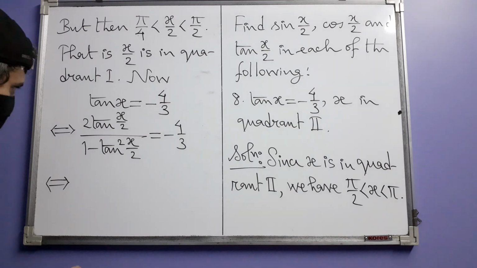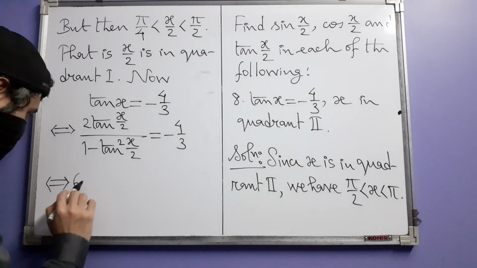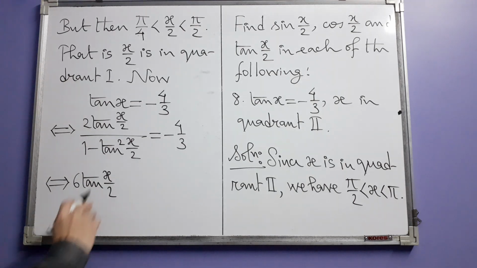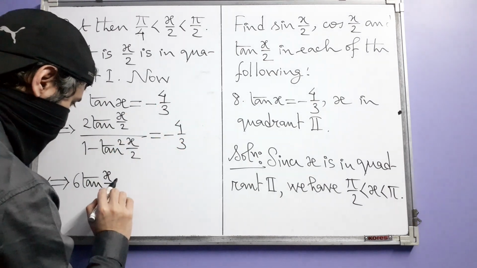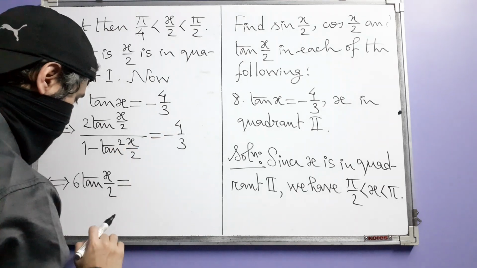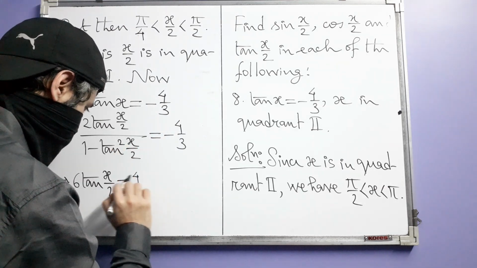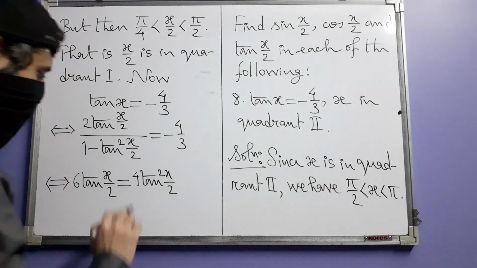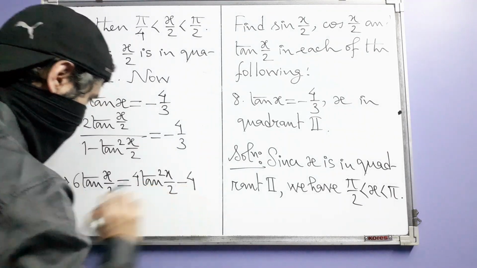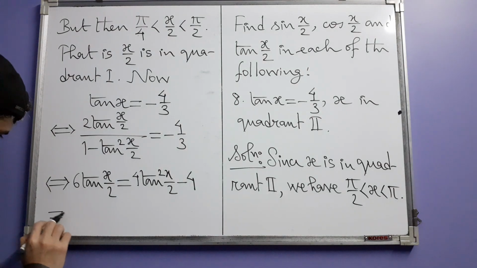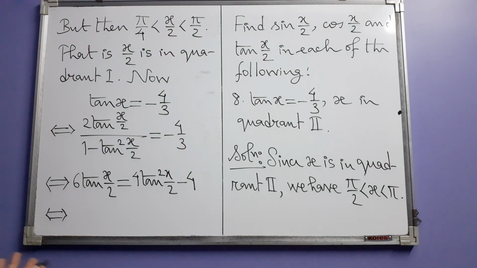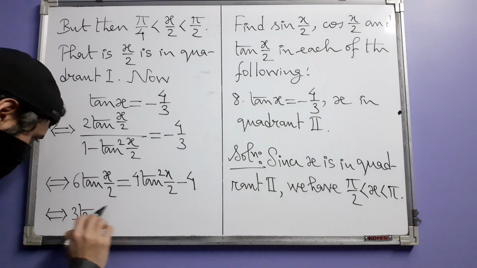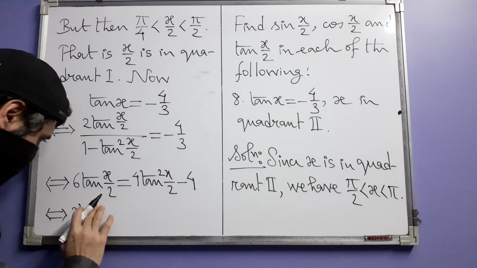So this side becomes 6 tan x over 2, and that side becomes, after multiplying this by minus 4, you get 4 tan square x over 2 minus 4. So we can divide throughout by 2. That will simplify the equation a little bit.